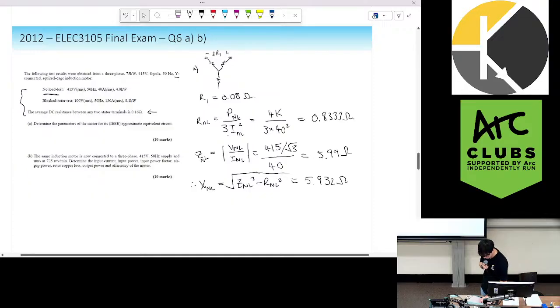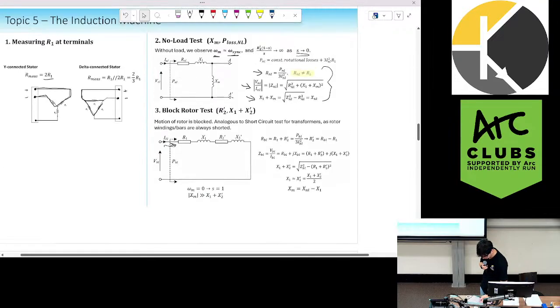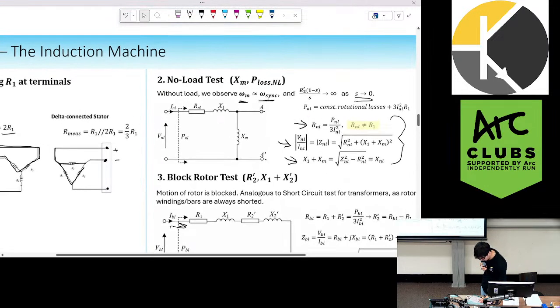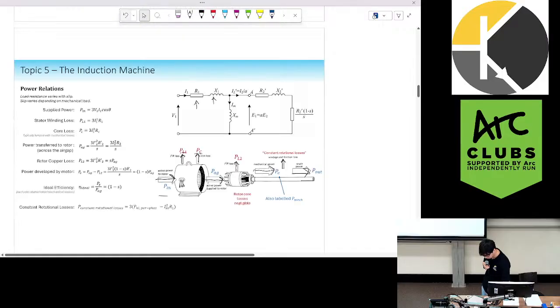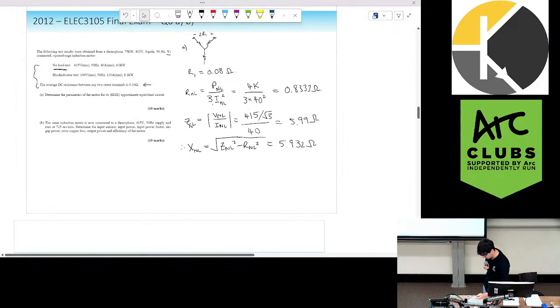So if we remember our setup from before, for our no load test, our X is a representation of this impedance, X1, in series with this impedance, XM. So what we calculated here is actually X1 plus XM. So that's all for our no load.